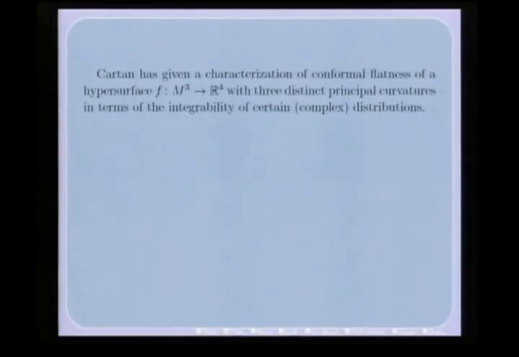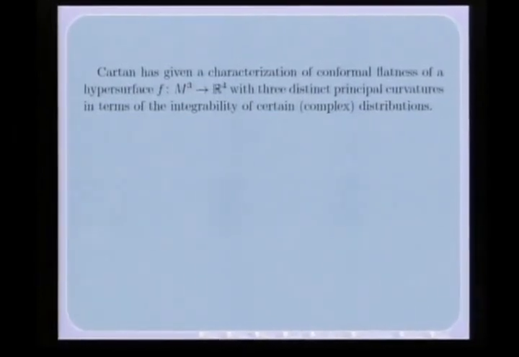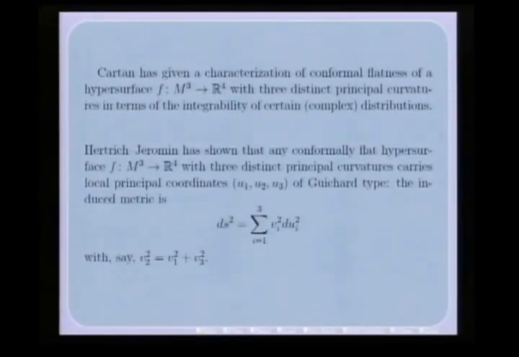I'm not going into that, but only mention that much later, Hertrich-Jeromin has used Cartan's results to show that on any conformally flat hypersurface in Euclidean space with three distinct principal curvatures, you can find local principal coordinates, which are of Guichard type.